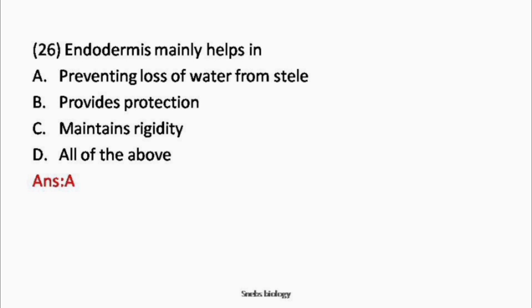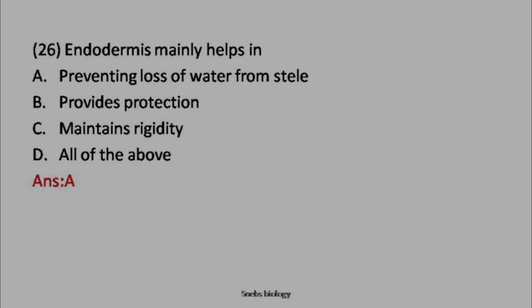It is a uniseriate layer of tightly packed barrel-shaped cells. Casparian band or strip is present on the radial and tangential walls of endodermal cells. Endodermis functions as a biological check post. It helps in preventing loss of water from stele. So the correct answer is option A.